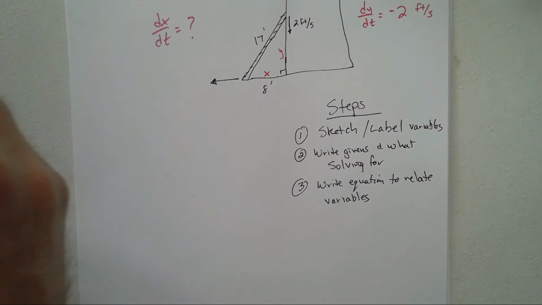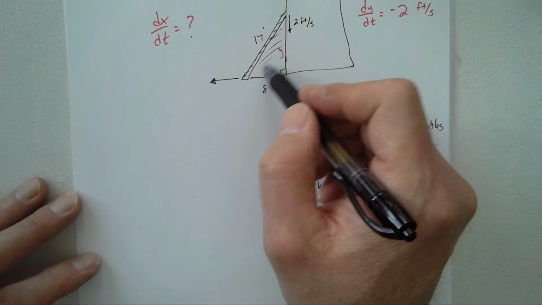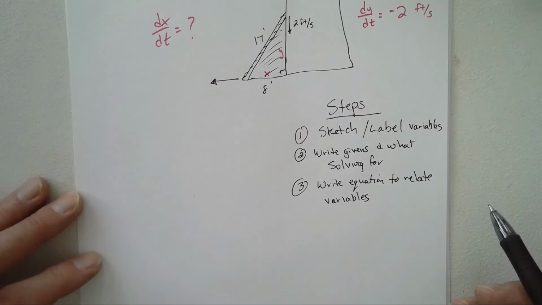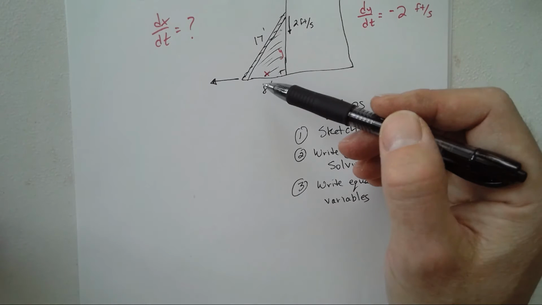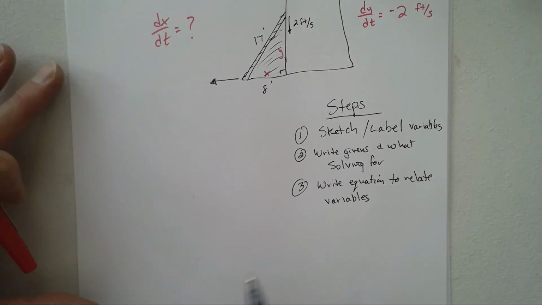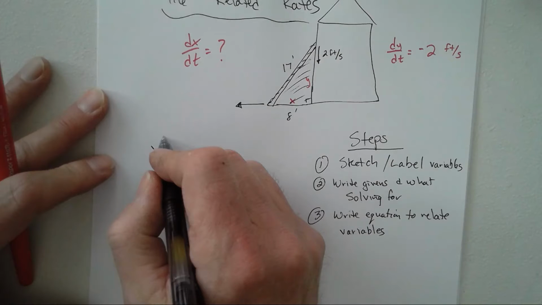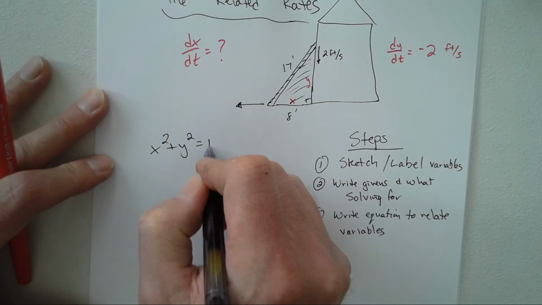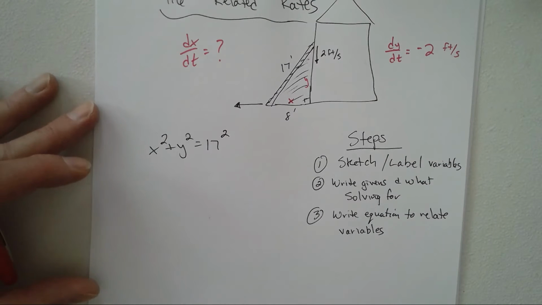In this case, we have a triangle. So using this triangle right there, the Pythagorean theorem says that x squared plus y squared equals 17 squared. So that's my equation. And a lot of the time that's the most difficult part, to figure out what the equation is.